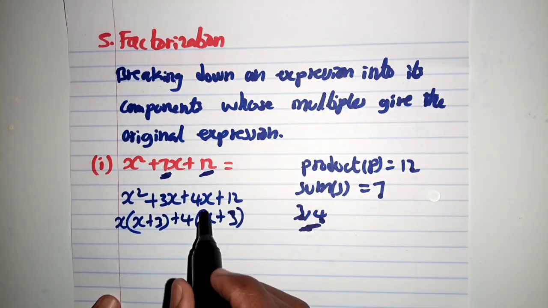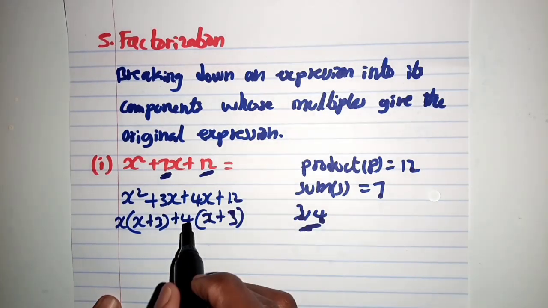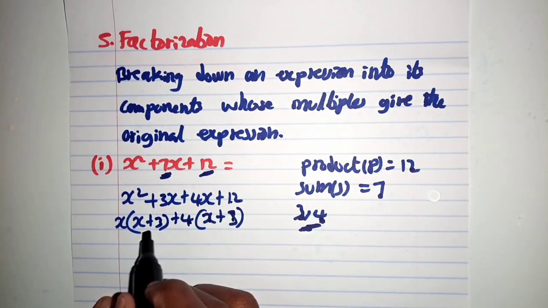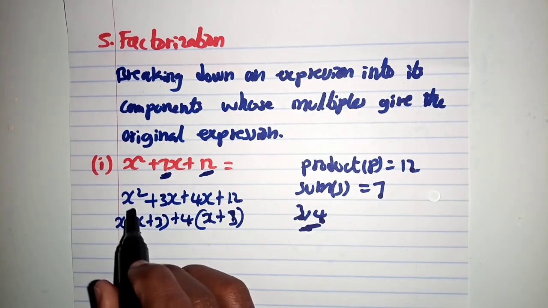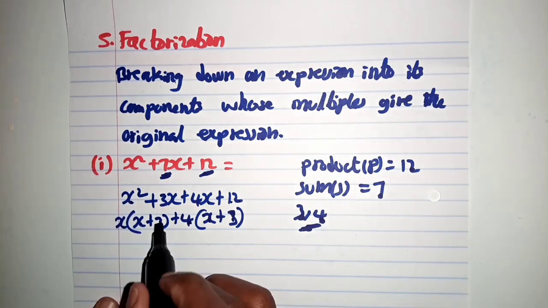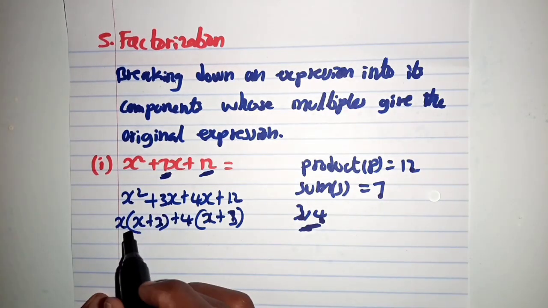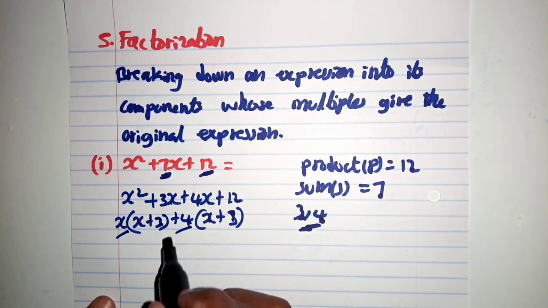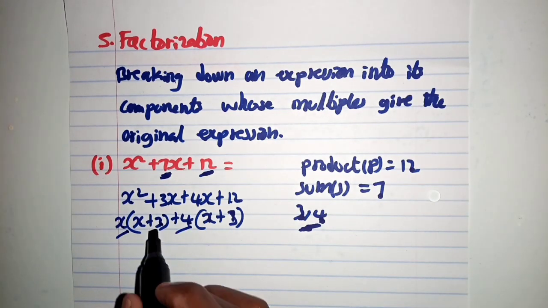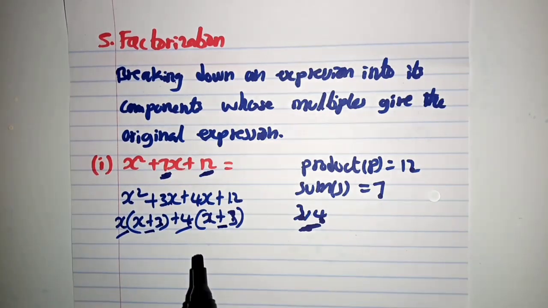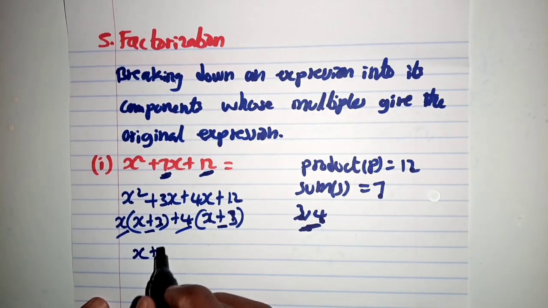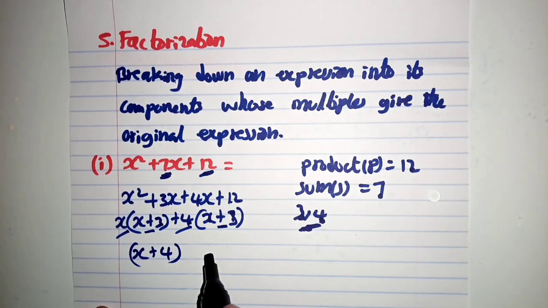You get this 4 when you multiply this and this, and you get this 12 when you multiply this and this. Same case applies to this other side. Now you pick this x and this 4, and then you pick either of the brackets because they are the same. So your answer becomes (x plus 4)(x plus 3).